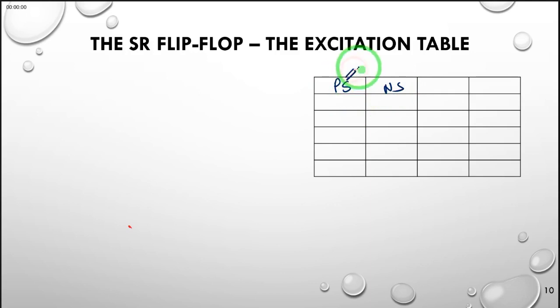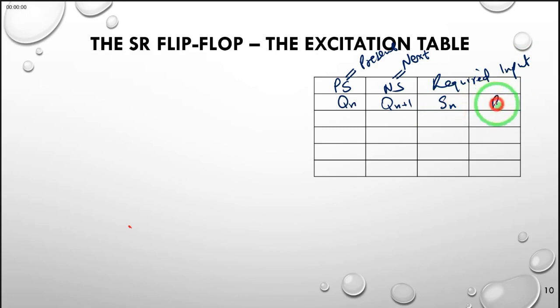So this symbolizes present state and this symbolizes next state, and we can use Qn to symbolize present state and Qn plus 1 to represent the next state. We are asking ourselves what are the required inputs, and those inputs for SR flip-flops are Sn and Rn. So that is what the excitation table asks.